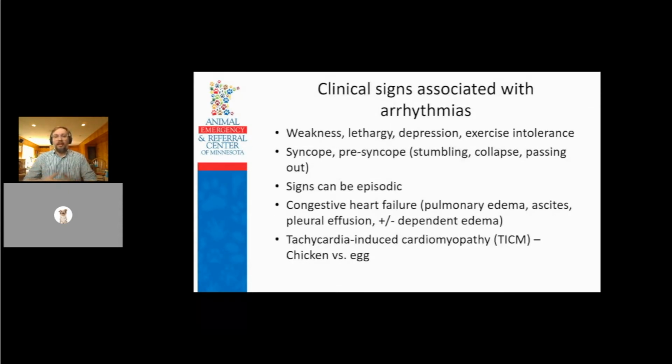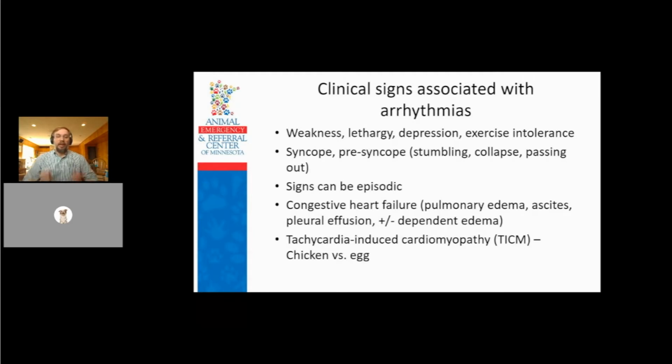So clinical signs, regardless of whether it's a fast or slow arrhythmia, can range from non-specific to specific and significant: weakness, lethargy, depression, exercise intolerance, syncope or pre-syncope, like stumbling, tripping, collapsing, falling, or completely passing out. Signs can be episodic.